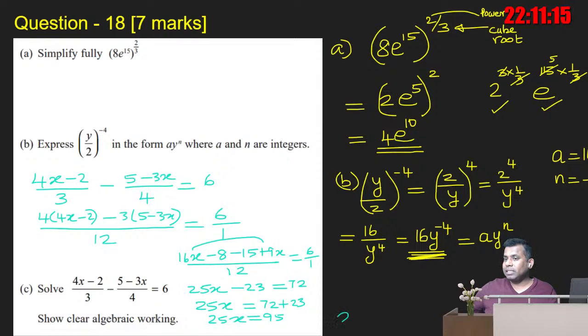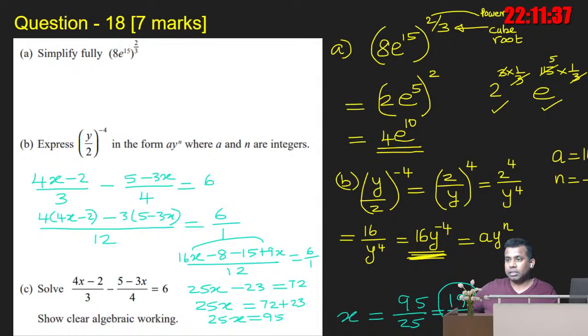So you can leave that as x equals 95 over 25, or you can simplify by 5, right? So 5 ones are 5, 5 times 19 is 95, and 5 times 5 is 25. So 19 over 5, or you can make it a mixed number.